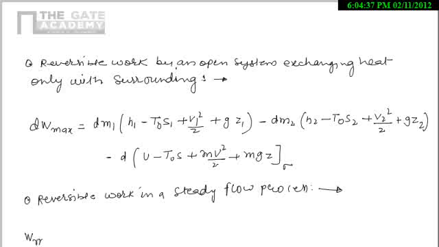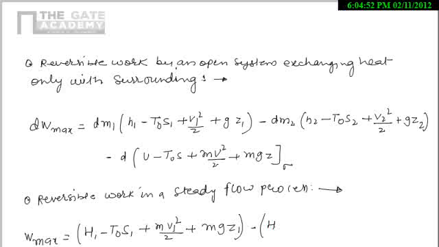So the W max in that case is (H1 minus T0 S1 plus m V1 square by 2 plus m g Z1) minus of (H2 minus T0 S2 plus m V2 square by 2 plus m g Z2).